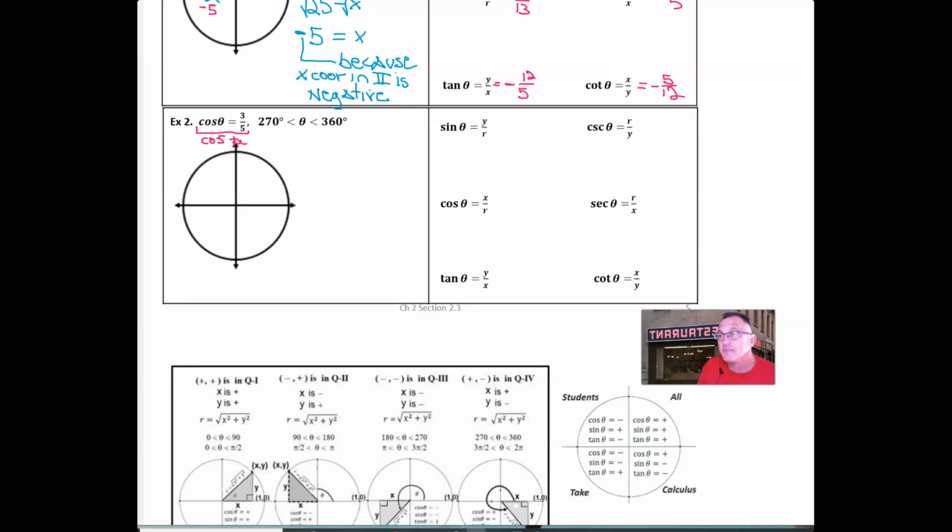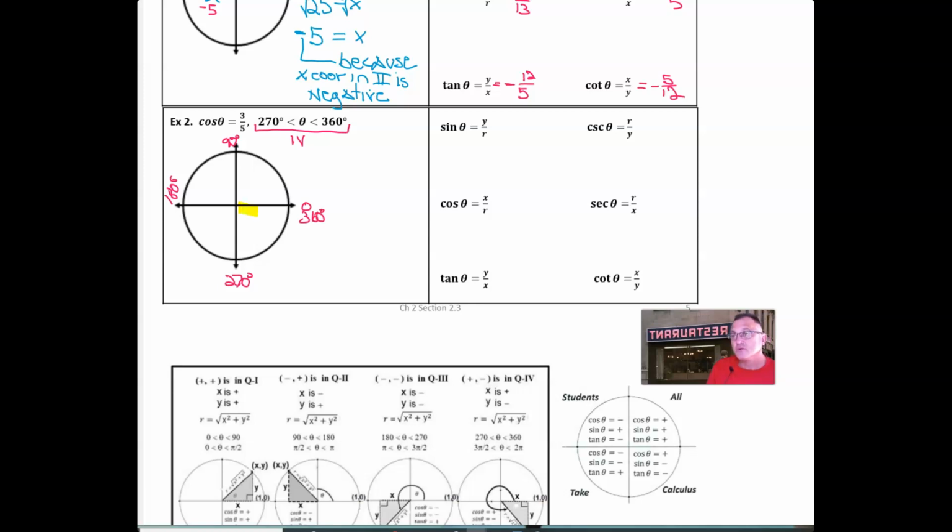That's going to be quadrant 4, because this is 0, 90 degrees, 180 degrees, 270 degrees, 360 degrees.